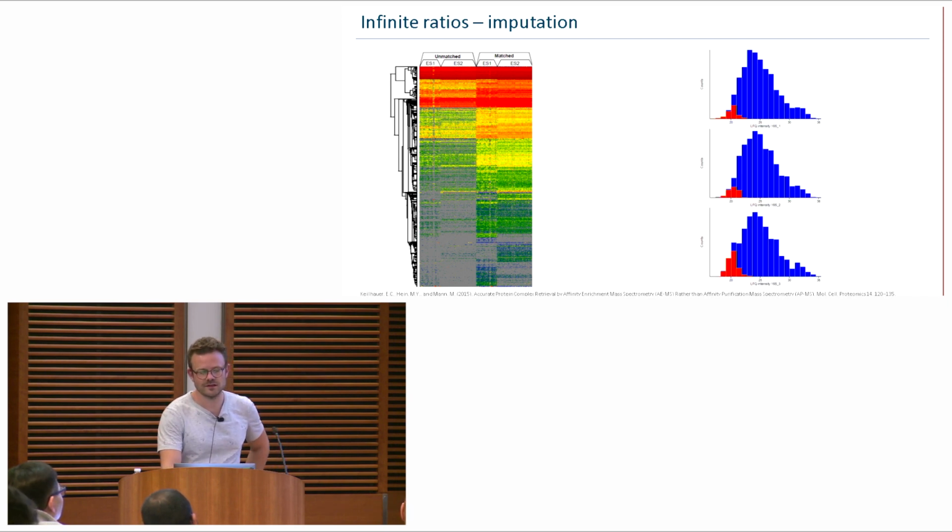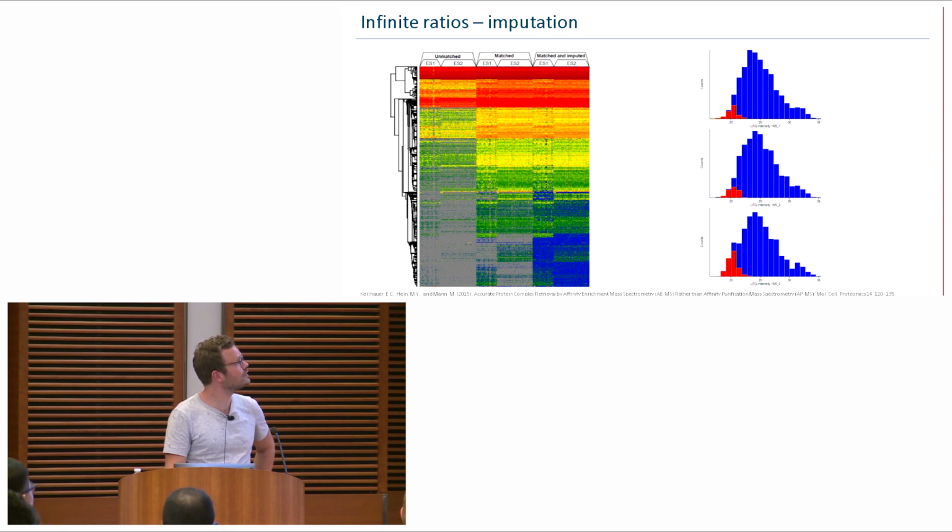In this case, it's important to know why values are missing, and this is because the intensity is low. So the solution in statistics is called imputation. The missing values are just values that are taken out of this distribution.